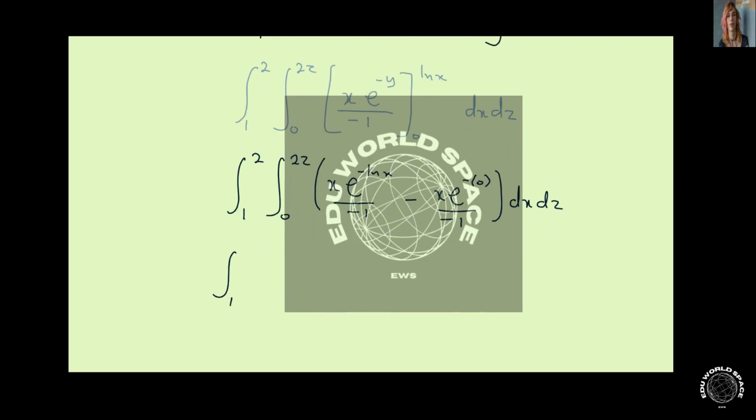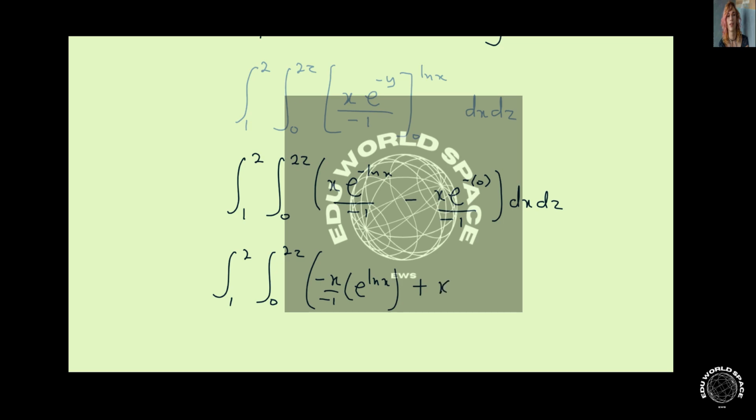So evaluating the innermost still, here the negative 1 steps down. So we'll have negative x over negative 1, then e to the power ln x. Then this is plus because we have negative and negative there, and that becomes e to the power negative 0, which is 1.